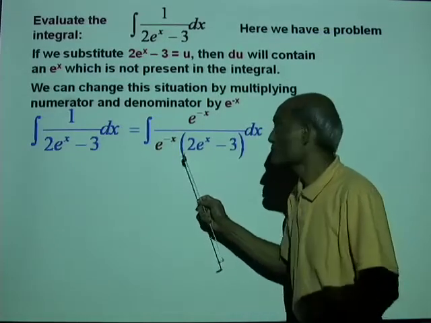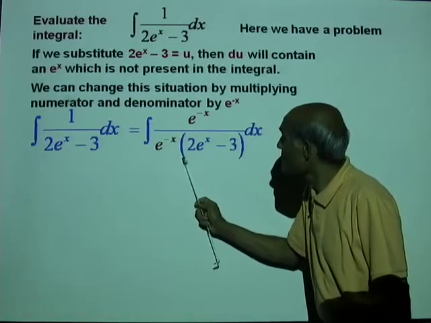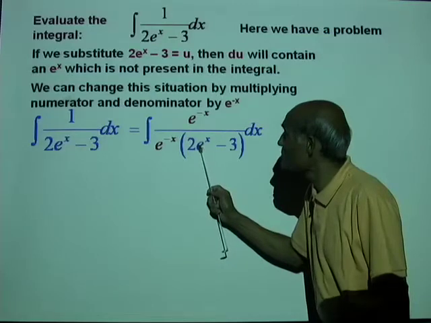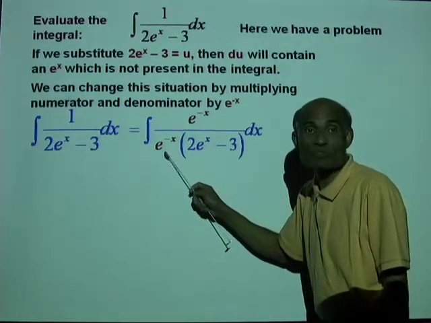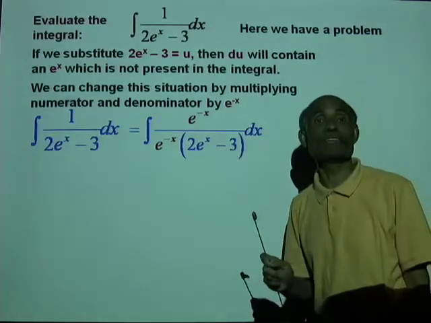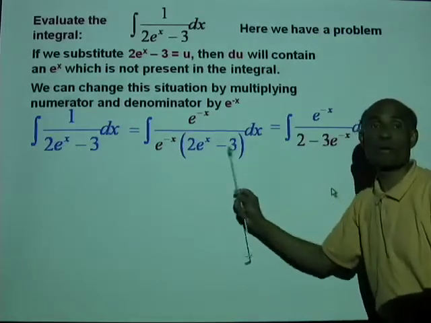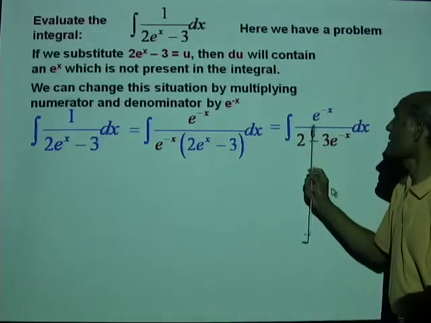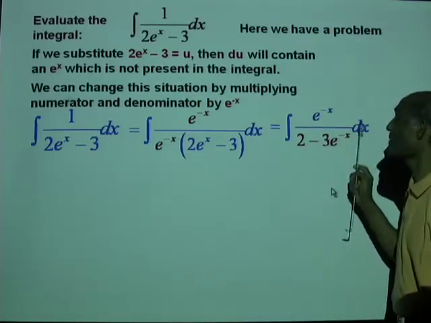Is that right? So the denominator now becomes e to the power of negative x times 2 e to the power of x is 2, and minus 3 times e to the power of negative x is minus 3 e to the power of negative x. So look at the denominator now when you multiply. It will be 2 minus 3 e to the power of negative x.